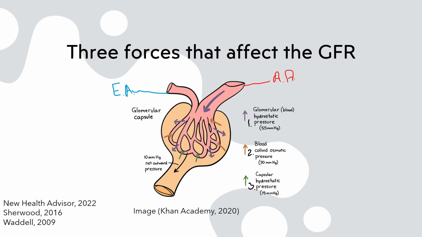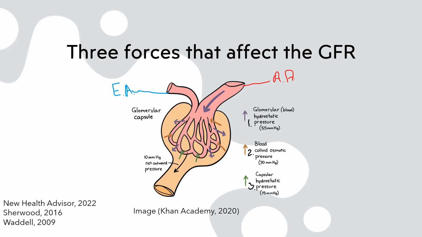Mathematically, the pressure in the glomerulus is 55 millimeters of mercury. The other two forces are 30 and 15, which equals 45. That leaves a net balance of 10 millimeters of mercury. That is called your net filtration rate.